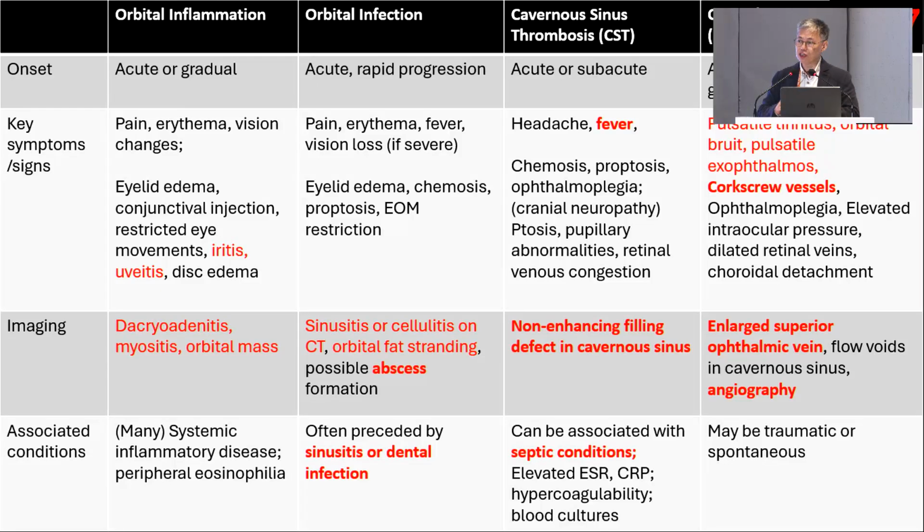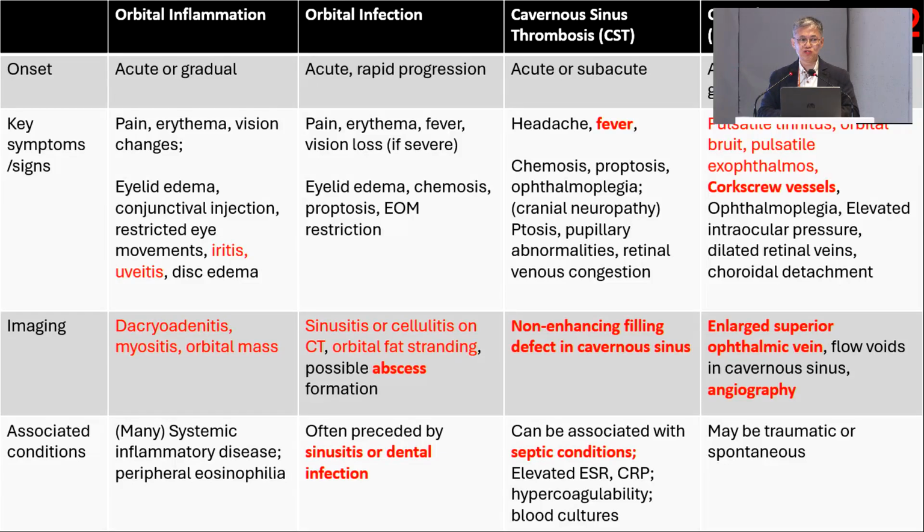If they have a history of autoimmune disease, well, you can start thinking about autoimmune disease, and then the imaging will give you some clues. A dacryoadenitis is typically found in the context of an inflammation. A mass may also signify that. But in an orbital infection, look at the sinuses as well to see if they are involved. Look at the subperiosteal layer for subperiosteal abscesses.